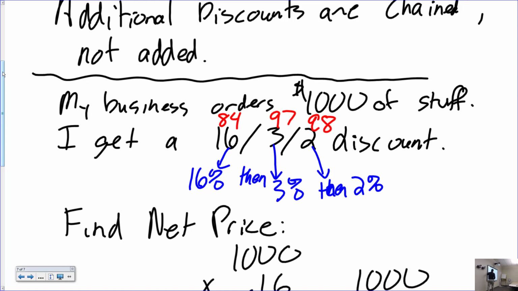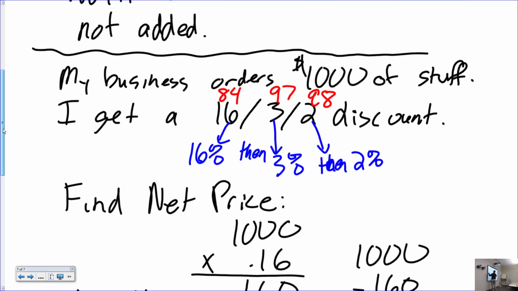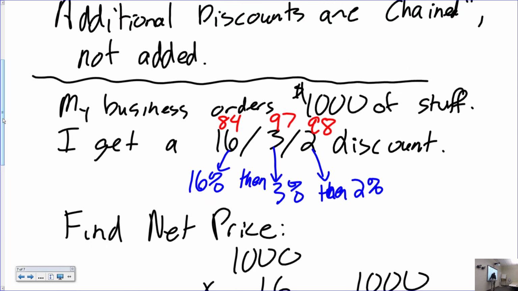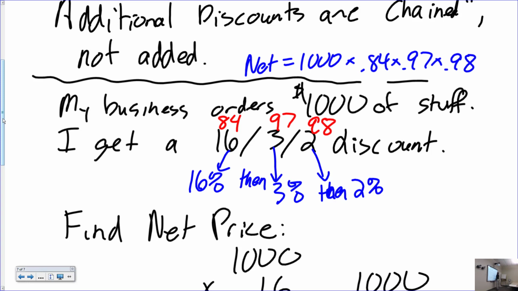So the whole idea is that when you get this particular question, the answer is not a big, huge step. It's just net equals 1,000 times 0.84 times 0.97 times 0.98, and you can do it in one step.